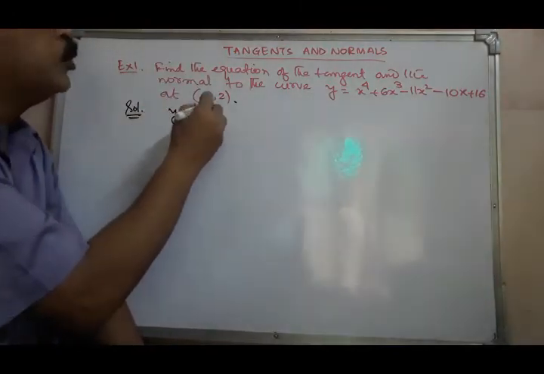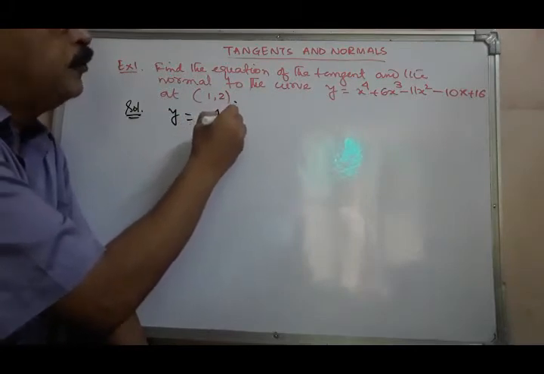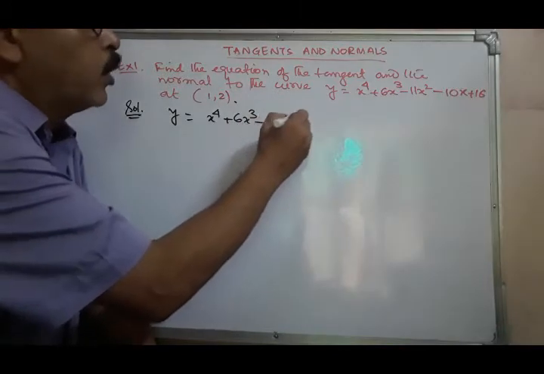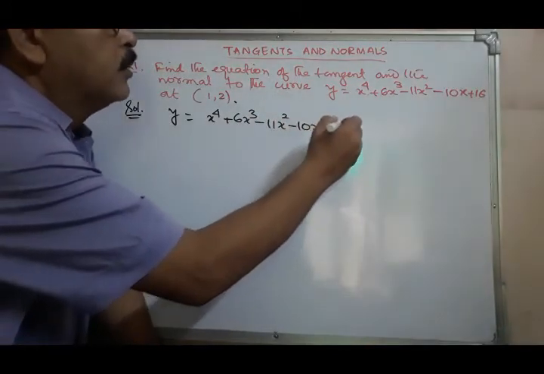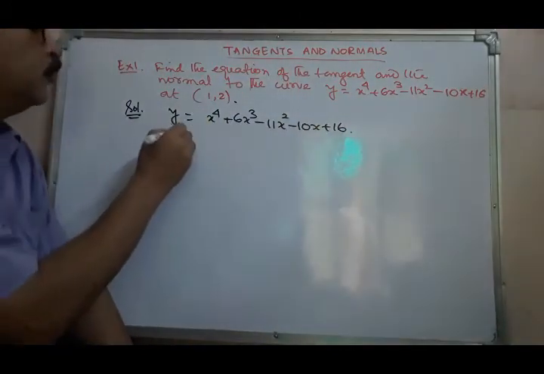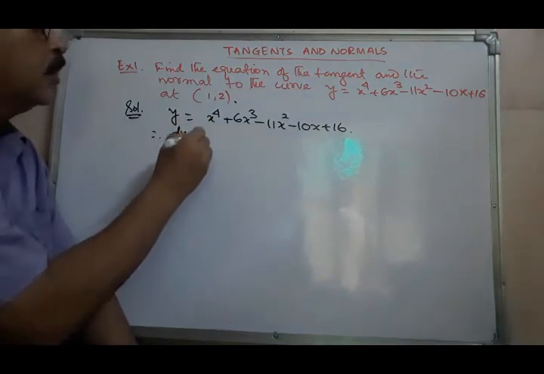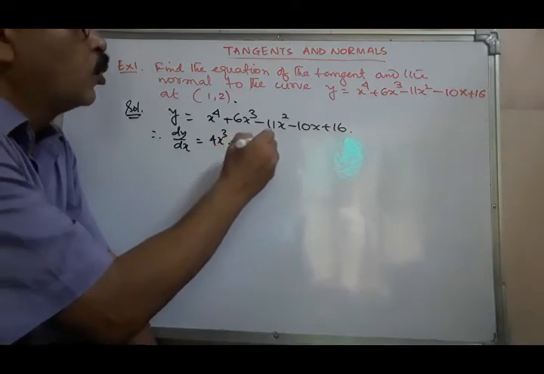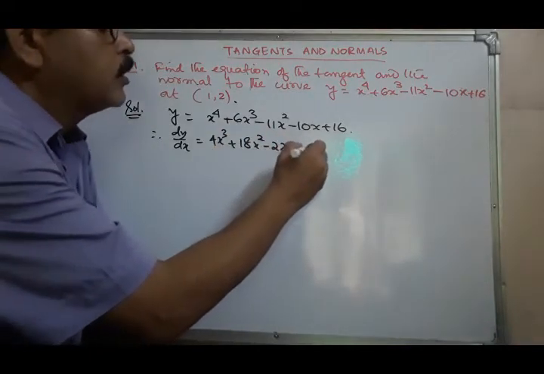Here y equal to x to the power 4 plus 6x cube minus 11x square minus 10x plus 16. Therefore, dy/dx equal to 4x cube plus 18x square minus 22x minus 10.